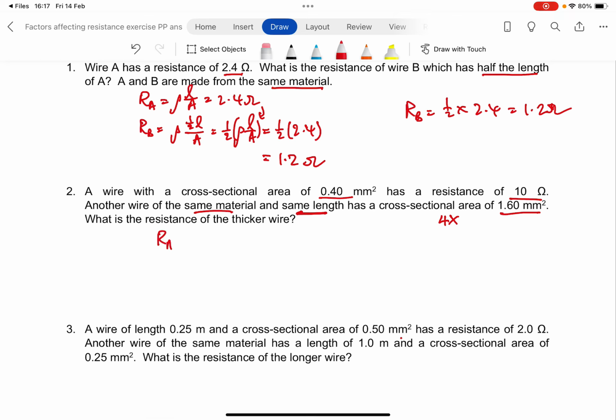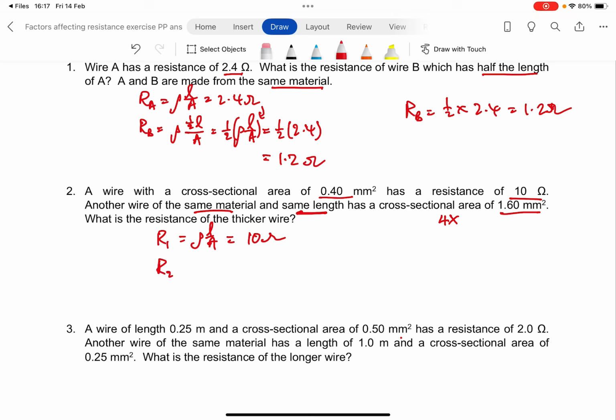So resistance of A, we call it resistance 1 because there's already an A for area, will be rho L over A, which is 10 ohms.